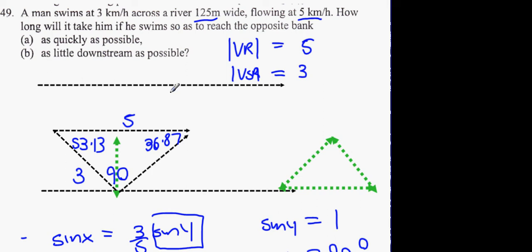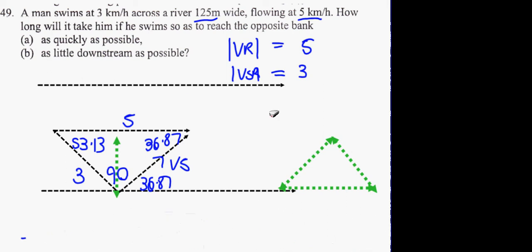Now, what we don't have is how long it will take him. What we have to do is find out what phi s is. So how do we find out what phi s is? We can use the sine rule, can't we?